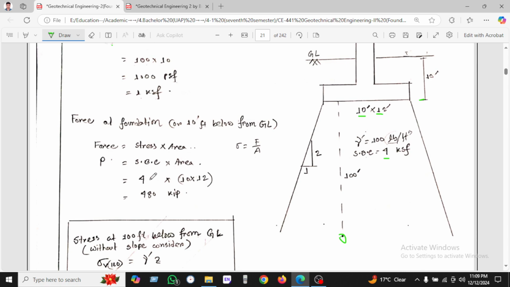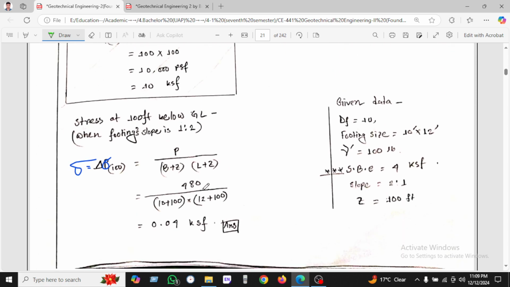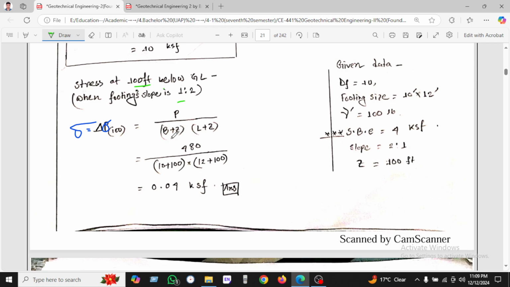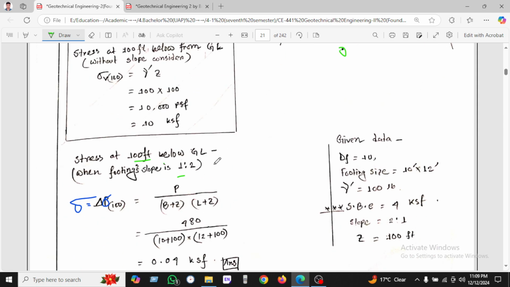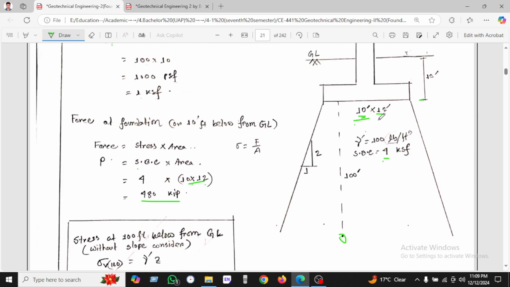So force is stress into area. Stress is given soil bearing capacity 4, and area is given 10 into 12, which is the footing area, and found 480 kip. So stress at 100 feet below the EGL when the footing slope is 1:2. We know P into B by B plus Z and L plus Z. What is B and what is L? B is 10 and L is 12, and Z is 100, the vertical length.